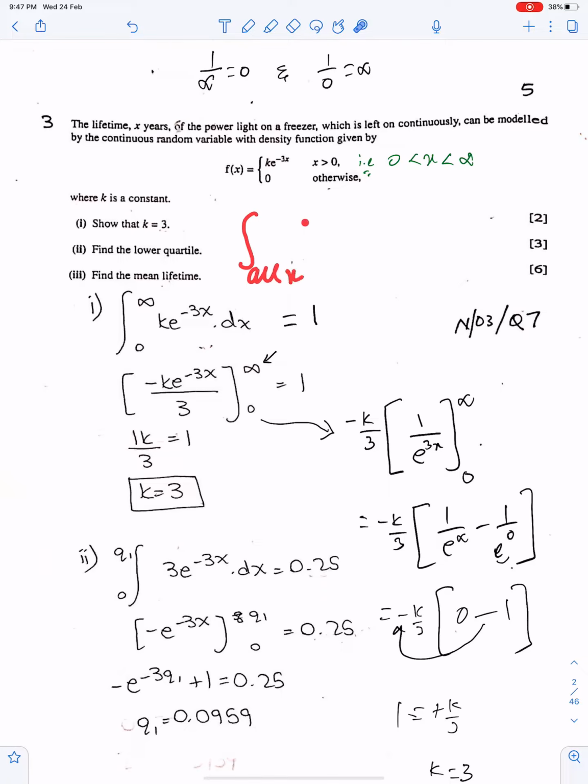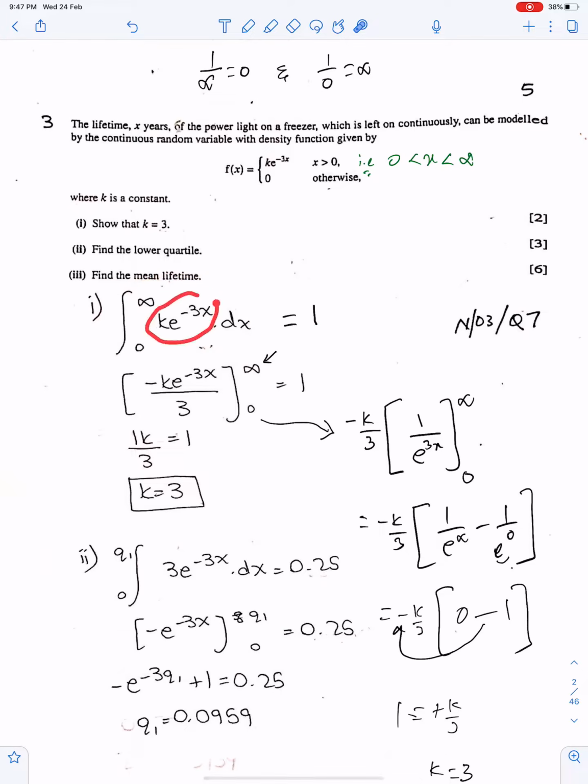All x f of x dx is 1. So when you will use this formula, you'll get this thing. The lower limit is 0 and the upper limit is infinite, and this is the PDF. And this entire thing is equal to 1 because total probability is always 1.